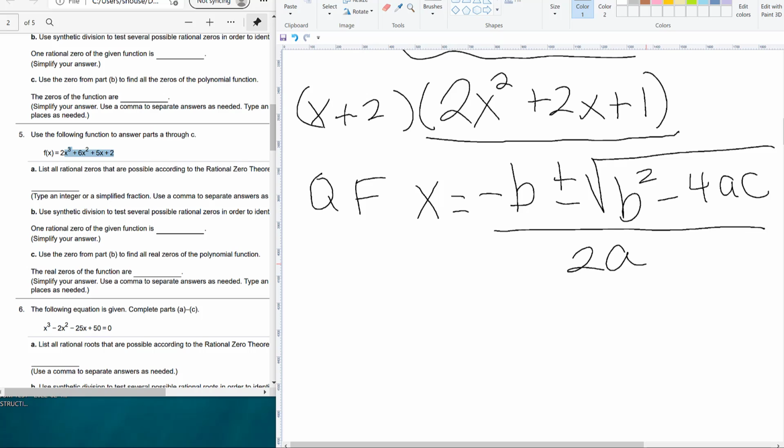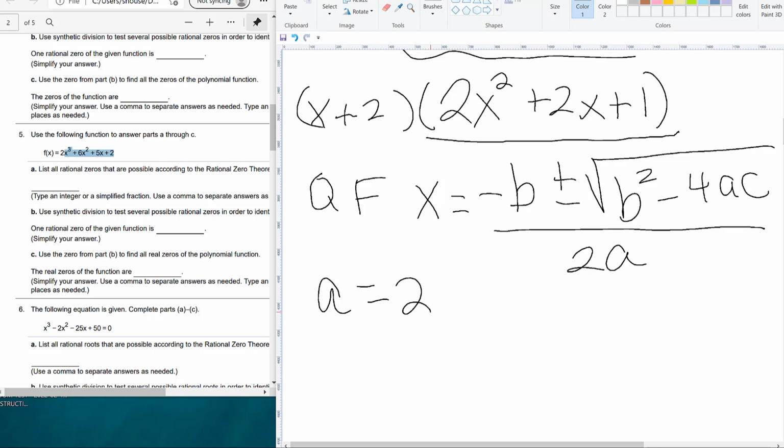And I opted for the quadratic formula because it will always work for a quadratic equation, whereas synthetic division, you don't know if you're going to get something that works or not, and factoring you have to play around with to see if it'll even factor. This is a fail-safe method, and so anytime I have a trinomial that I don't see the factoring immediately, I just go ahead and use the quadratic formula.